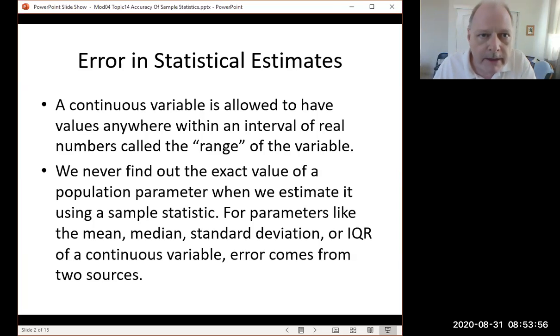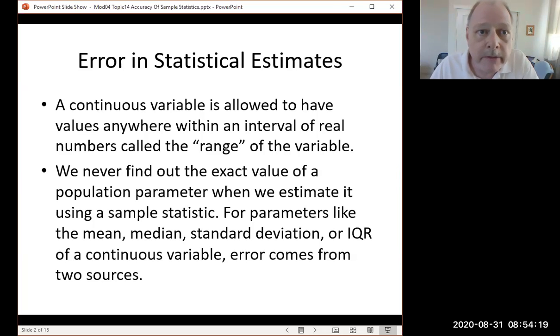Now, in statistics, our task, it's not just to measure the variable, but we're usually looking for a population parameter. So the population might be the set of all City College students.